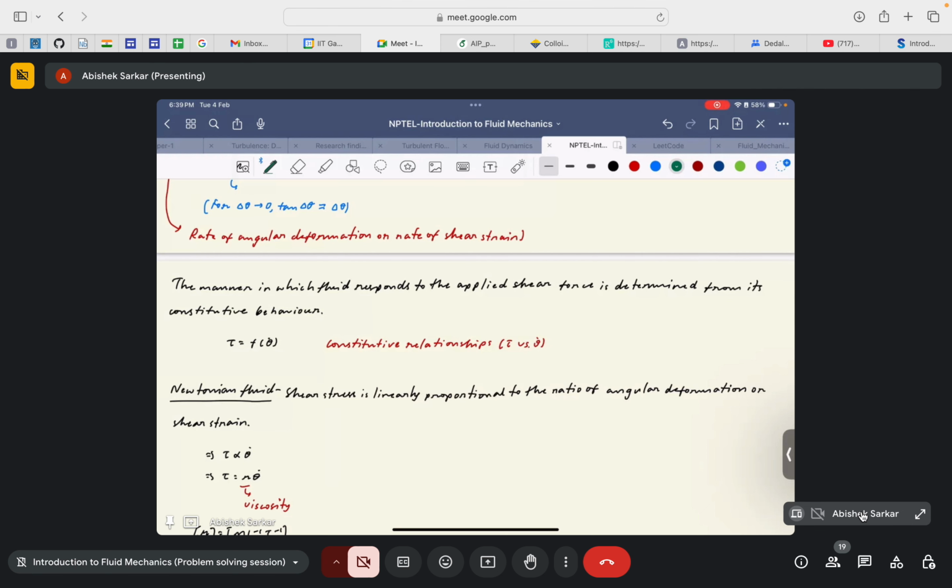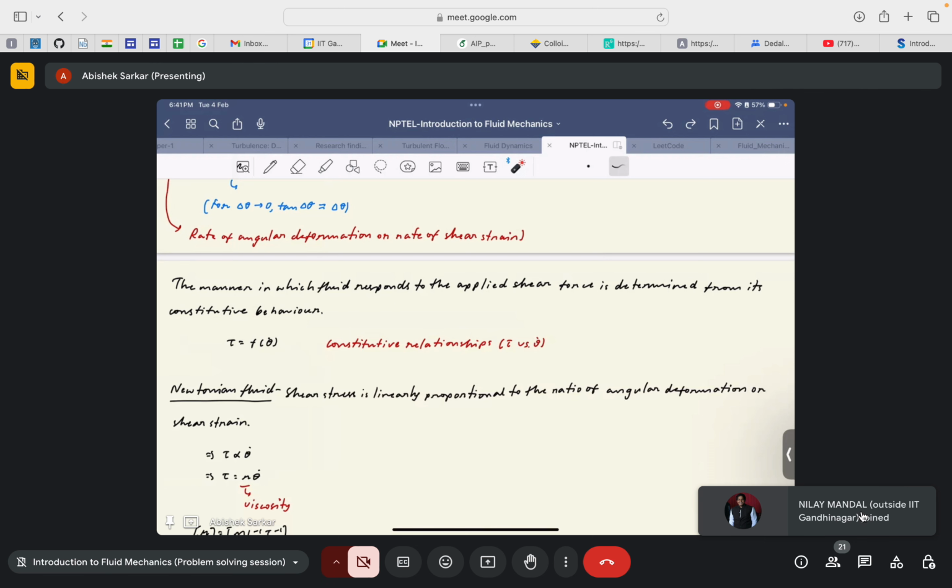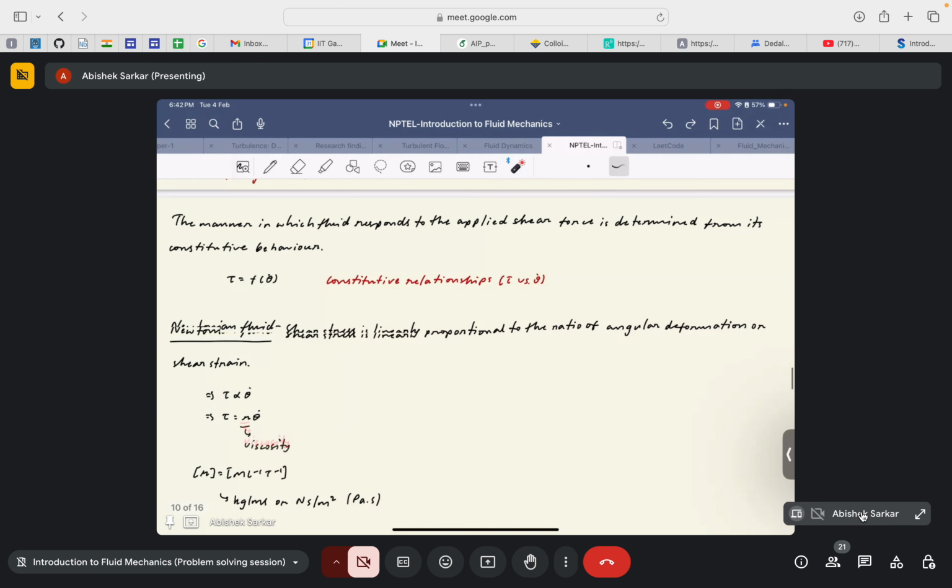In fluid mechanics it is strain rate, as discussed in the first lecture, because a fluid tends to deform continuously with the application of a force. So we are interested not in the total deformation, but in the rate of deformation.